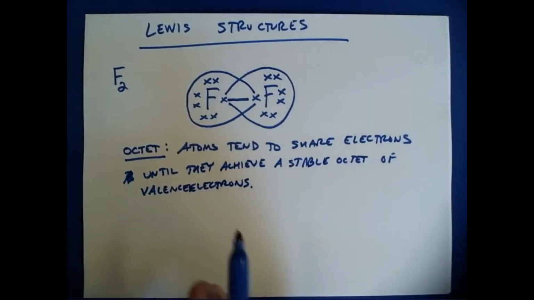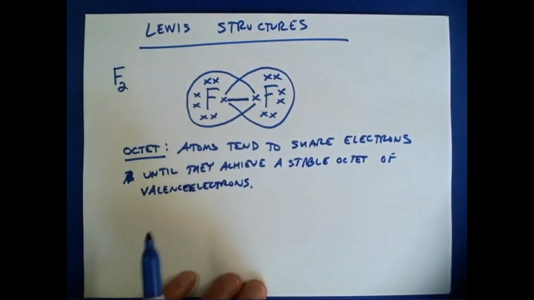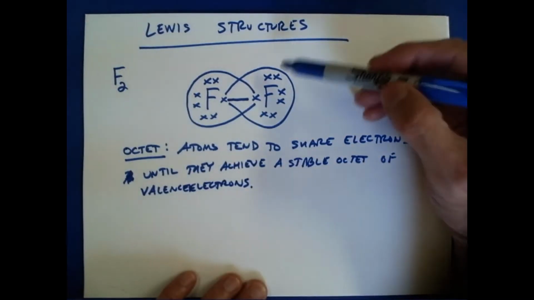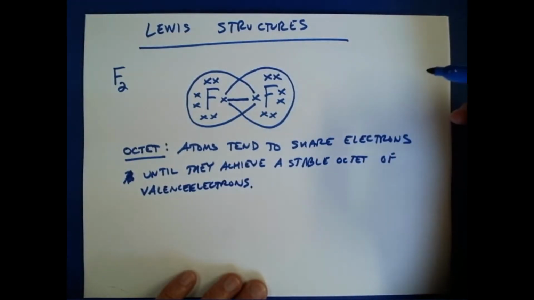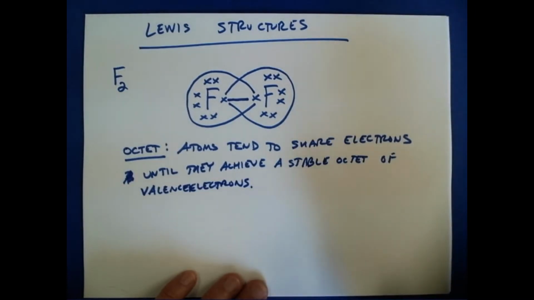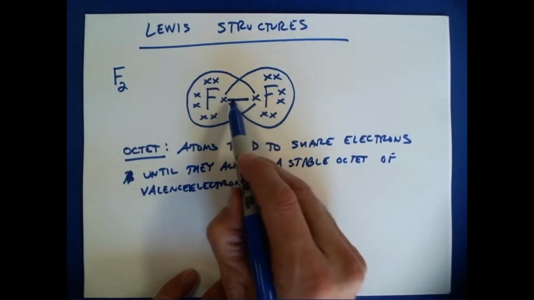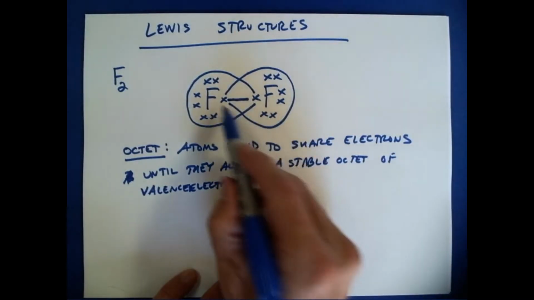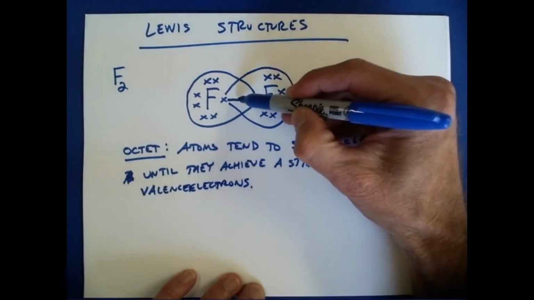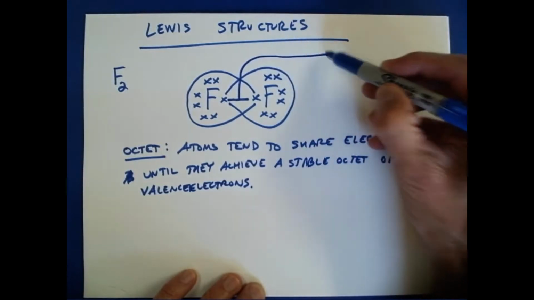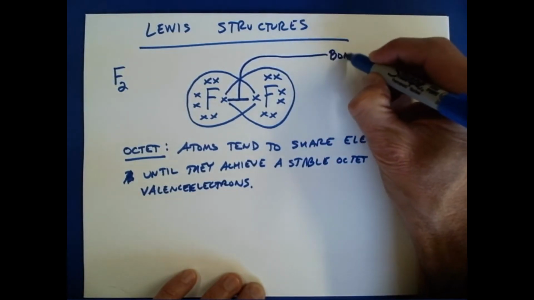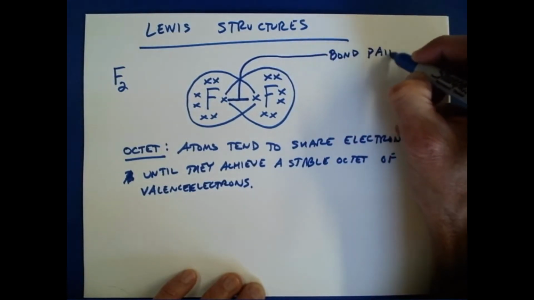Now, when we look at the various electrons in the valence shell of a molecule that's been drawn with a particular Lewis structure, we can look at two different types of electrons. There are electrons that are involved in a bond, and they pair up to do so because they're shared. Any electrons that are involved in a bond, we call a bond pair of electrons.